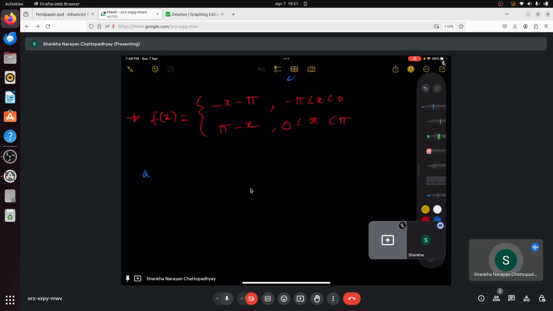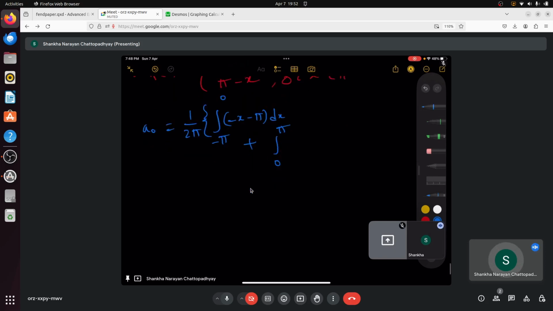So first you need to determine a0. a0 is 1 by 2 pi, integral minus pi to 0 of minus x minus pi dx plus integration 0 to pi of minus x dx.